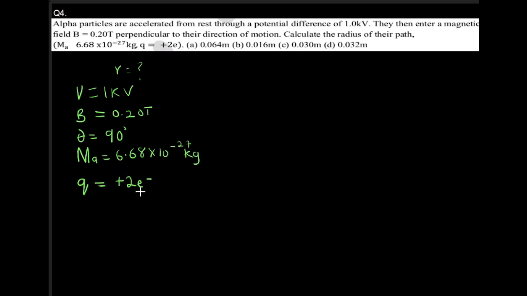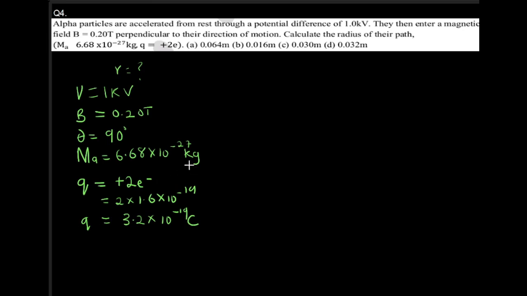Don't forget the charge on one electron is 1.6 times 10 to the power minus 19. So this will be equal to 2 times 1.6 times 10 to the power of minus 19, and this is equal to 3.2 times 10 to the power of minus 19 coulombs. So this is the charge here.